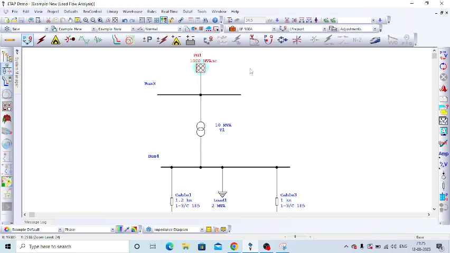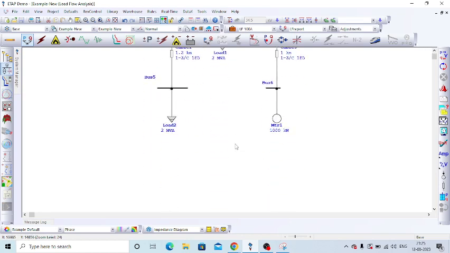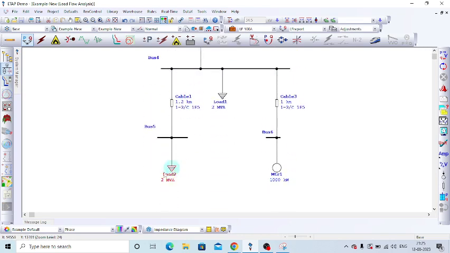So we have to get the grid capacity, that is the harmonic voltage, technically called the background harmonic voltage. Those background harmonic voltages we have to get, and what is their short circuit strength, that information we have to get. Suppose this particular load is a harmonic producing load, for this load we have to get the harmonic generation current data.